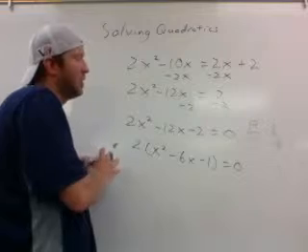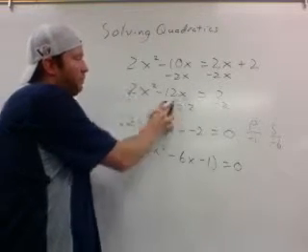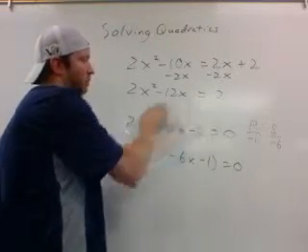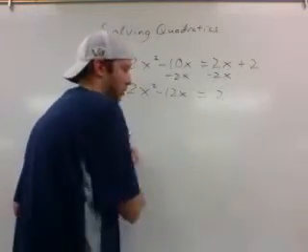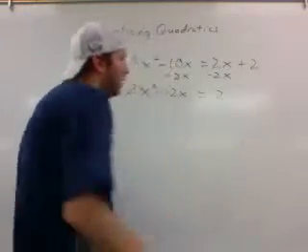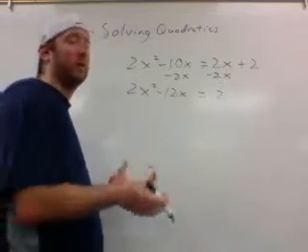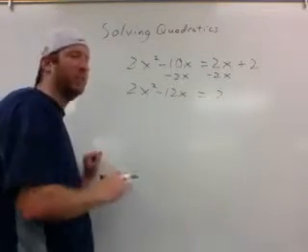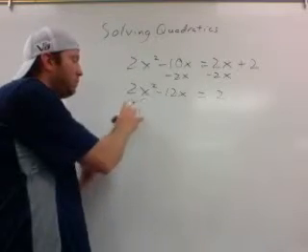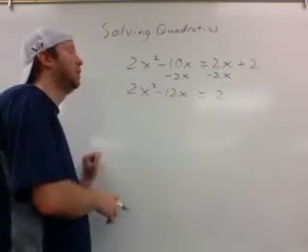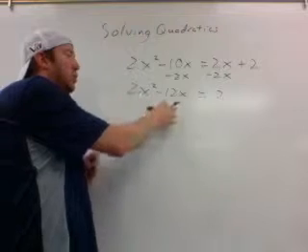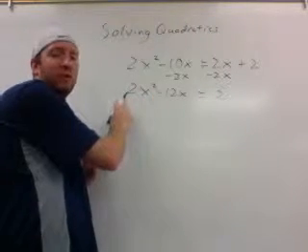Well, to complete the square, I'm actually going to start right back up here. I do want to bring the x's over to combine the x's. Have to do that. But remember, I don't need it to be equal to 0. So to complete the square, I'm going to first factor out that 2.